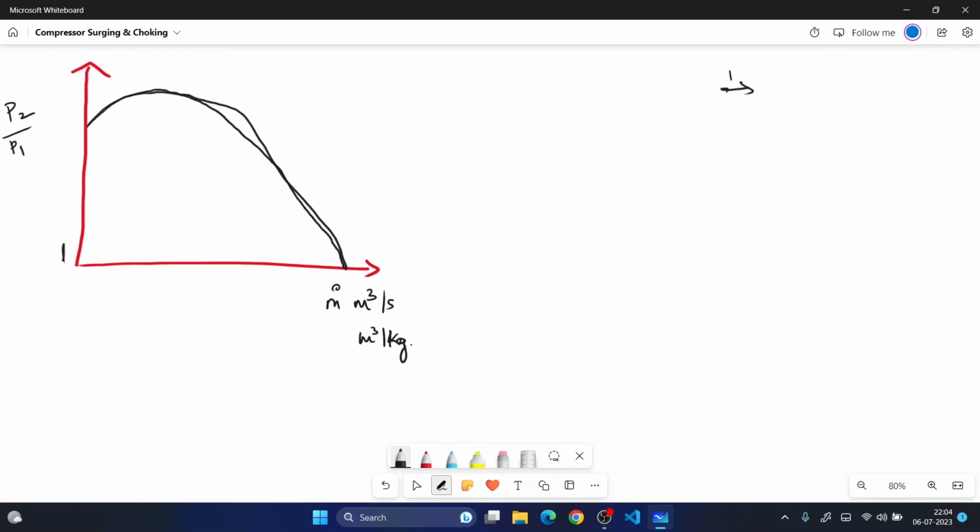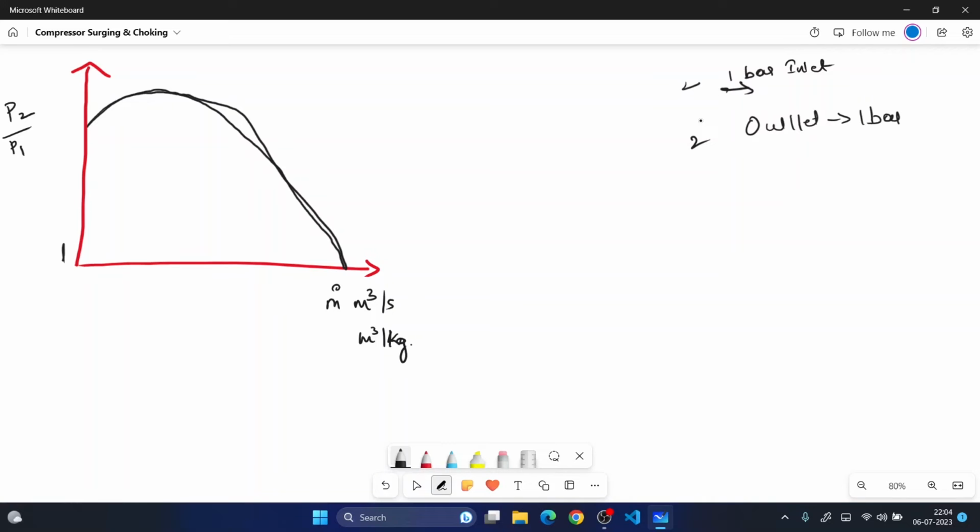If you are supplying 1 bar at the inlet of the compressor, at the outlet also you will be getting 1 bar. If you are supplying 2 bar, the outlet will also be 2 bar. So there may be a point when you extend that curve that it may or may not be there. Remember that. It will not be there practically most of the time.